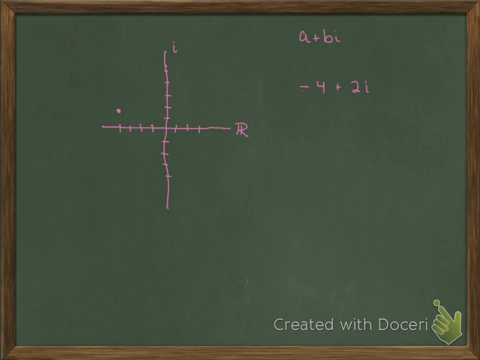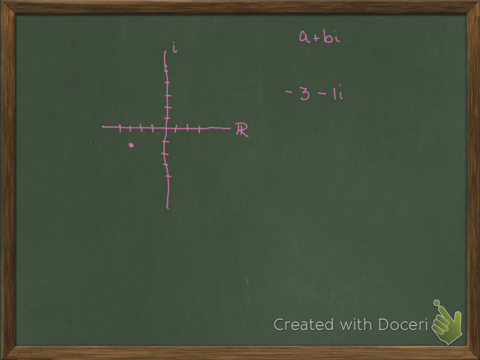Another, putting us into a different quadrant, let's do negative 3 minus 1i, or just i. So negative 3 is the real part, and negative 1 is the imaginary part. So we'll go 3 to the left from the origin, down 1, and there's our coordinate.